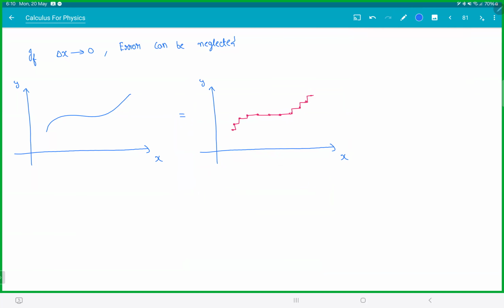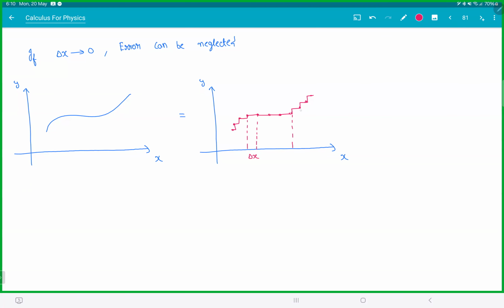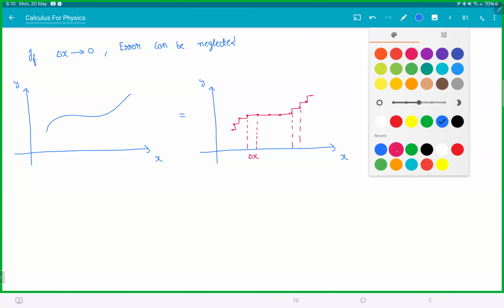Now, if you make delta x very small, this is the scenario normally if you take delta x. So if you make delta x very, very small, you will get a pretty nice one.